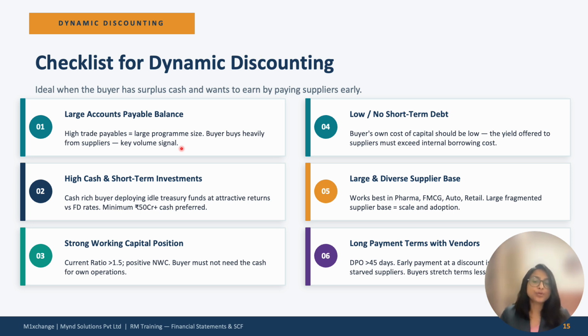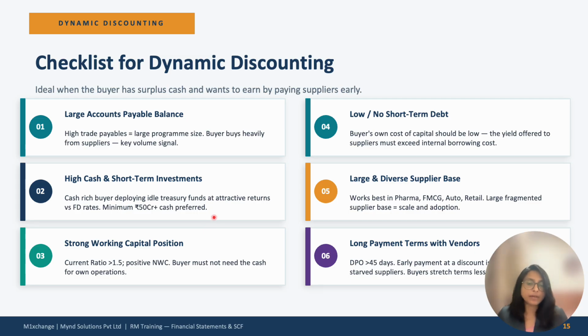Here there is no RBI regulation for dynamic discounting. The TReDS platform is an RBI regulated platform, where it is a mandate that the suppliers have to be MSME. In dynamic discounting, it's the cash utilization of the company, the treasury funds utilization. Here it can be any supplier, whether MSME or non-MSME.